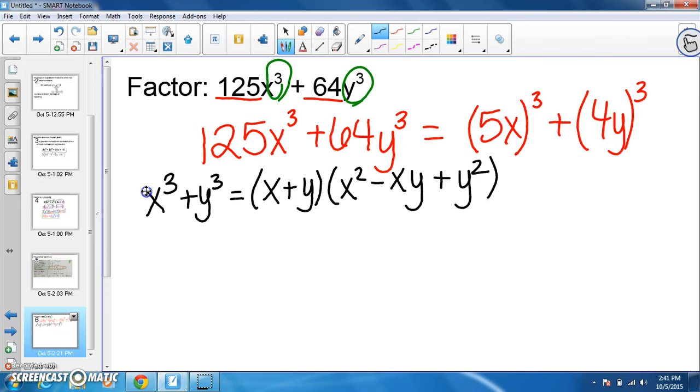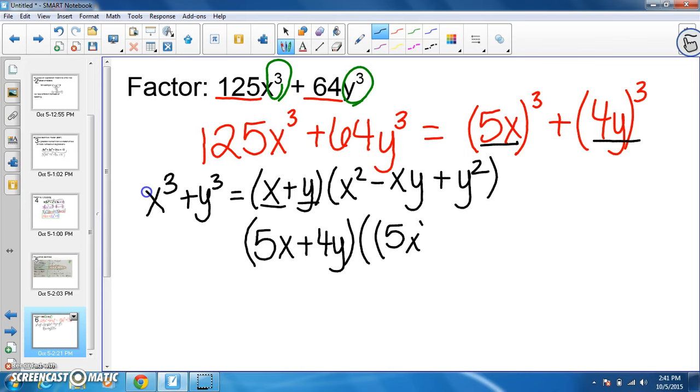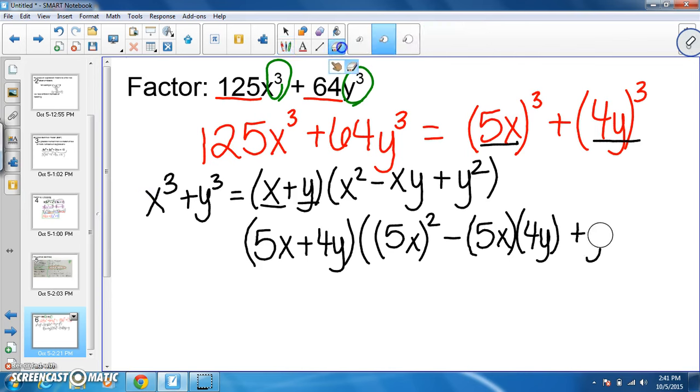So we're going to substitute 5x for x and 4y for y to get 5x plus 4y times 5x squared minus 5x times 4y plus 4y squared.